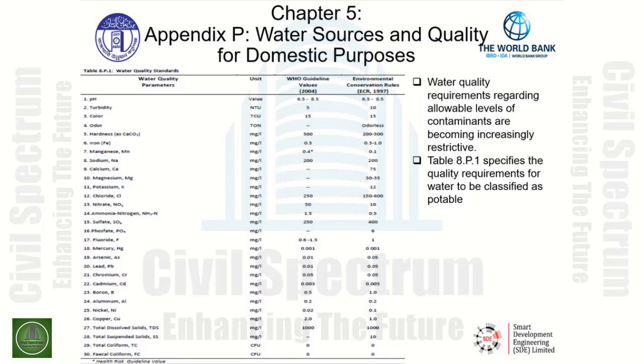The WHO guideline value is 5, whereas the environmental conservation rules value is 10. So with respect to the water quality, the designer and the authority would come together and verify that the water has been treated to a certain standard, as indicated here in Appendix P.